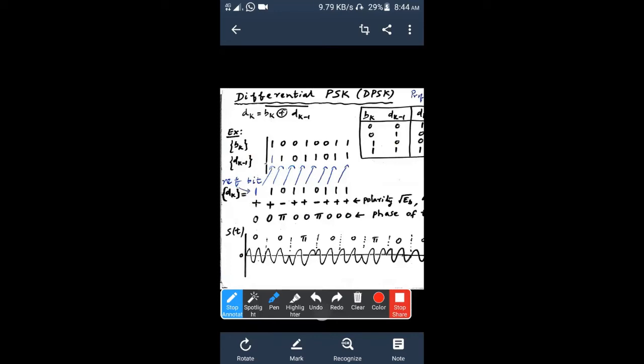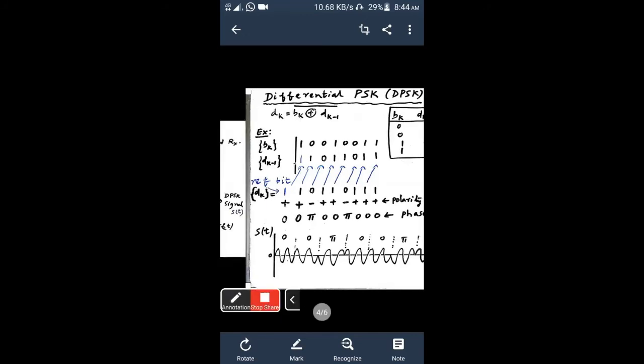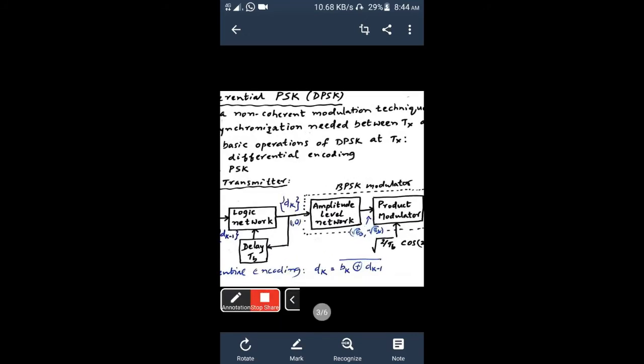After the amplitude level encoder, what is the next block? The product modulator. What does the product modulator do? It multiplies the output of the amplitude level encoder with the basis function, the carrier signal, that is root of 2 by Tb, cos 2 pi fc t.